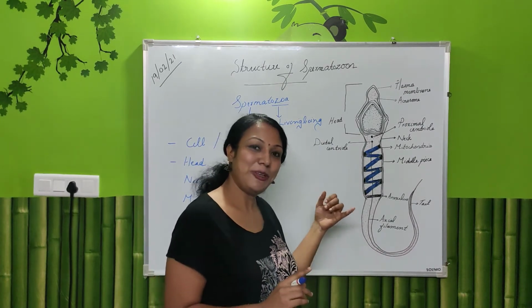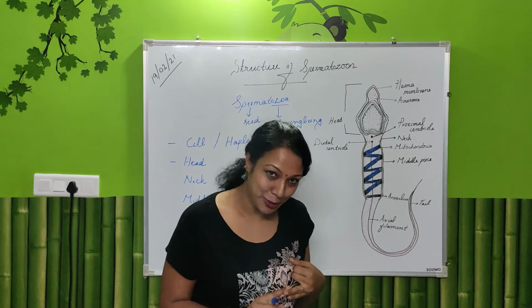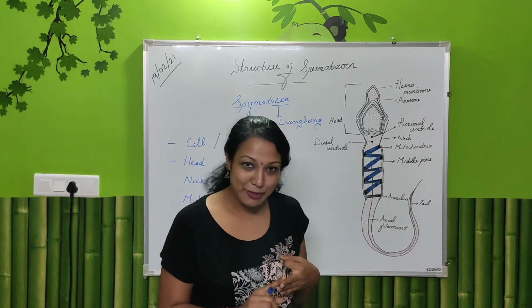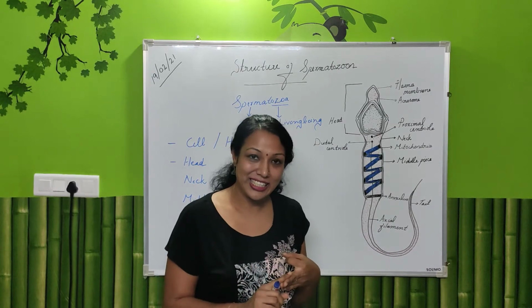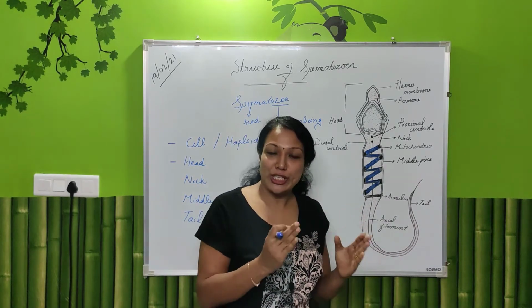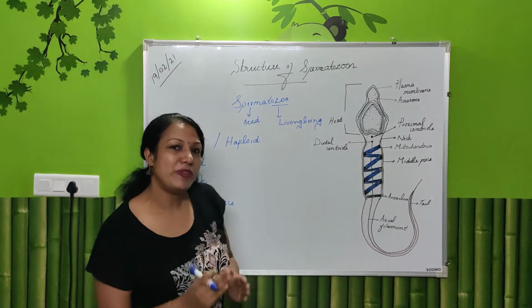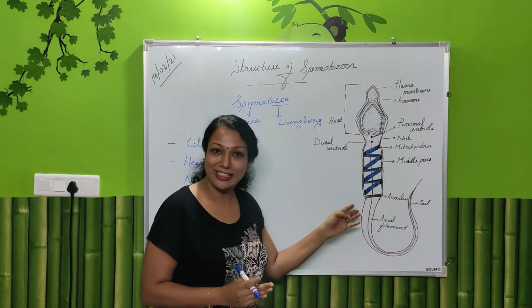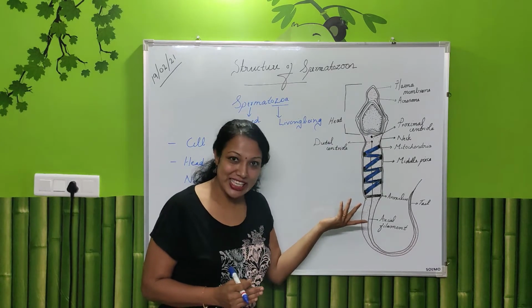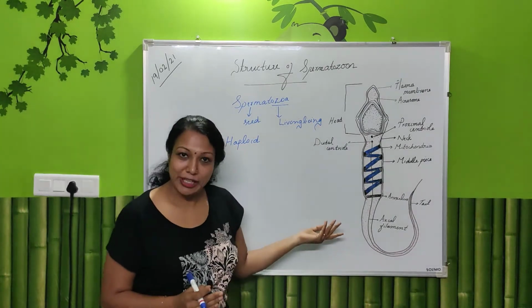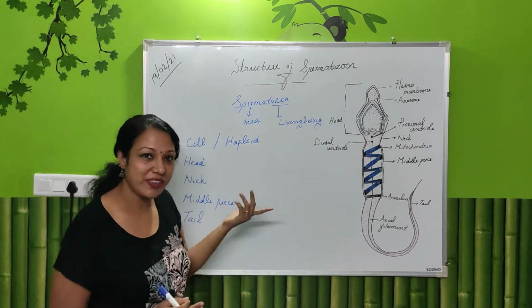Of course cytoplasm will be there, and the nucleus will contain genetic material. These are the common features of a cell, and they are applicable to our sperm also. So you don't have to by-heart all these things. This you already know from childhood days.